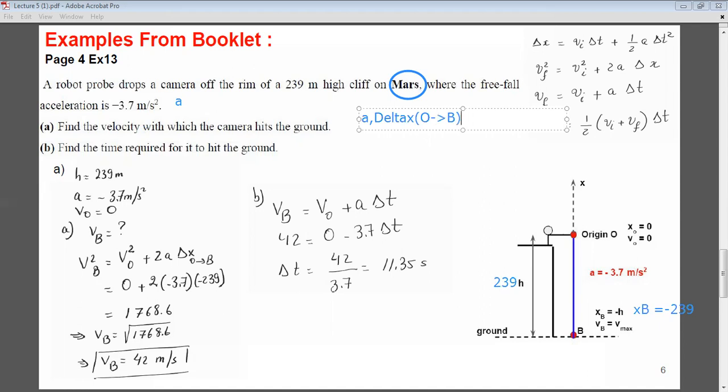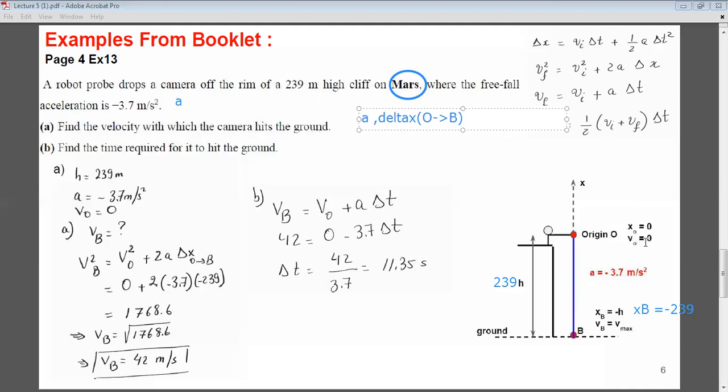So we have acceleration and we have delta X from O to B. What do we want? Find the velocity with which the camera hits the ground. They said a robot probe drops the camera off. They didn't say with any velocity, so this is the case where it starts from rest.